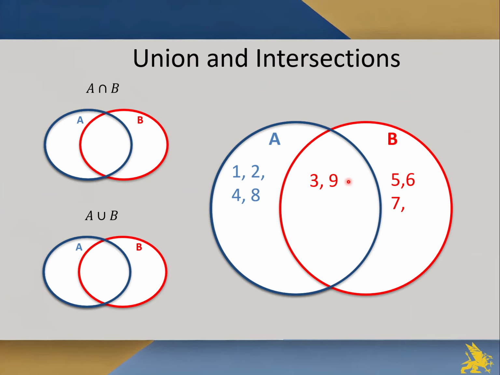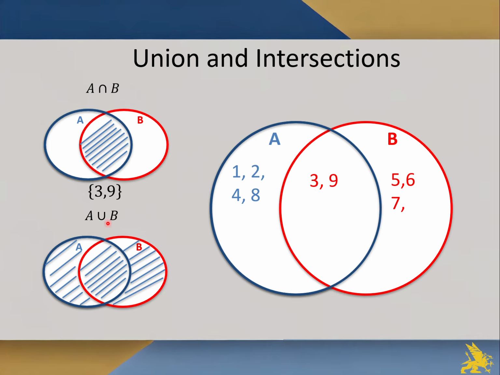Let's look at union and intersections. Intersection means it must be both, this and that, whereas union is more this or that. So it can be either. If we're talking about A intersect B, it must be this middle area here because it belongs to both A and B. So if I look at the numbers in the intersect, I just got 3 and 9.